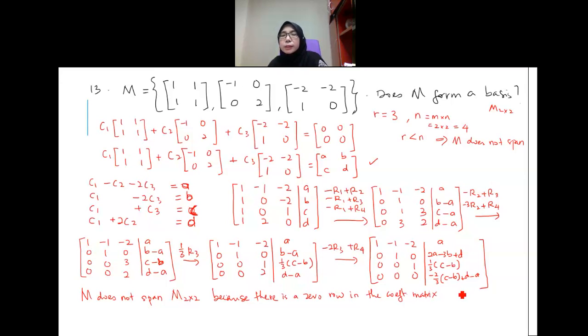Okay, in other words, the system is not consistent, an inconsistent system, right? Meaning that thus M is not a basis. M is not a basis for M 2 by 2. Is that clear? Hopefully that one is clear.